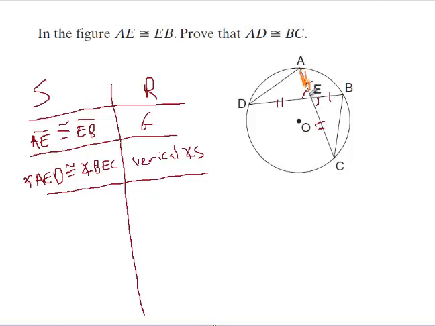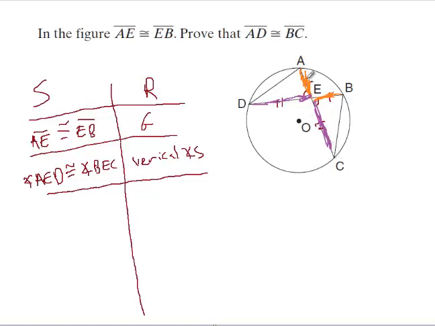This segment times this segment have to equal this segment times this segment. That's one of the rules of chords. When chords intersect, the product of each side of the chord have to be equal to each other.